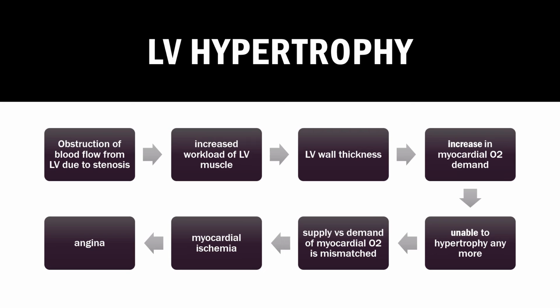This in turn increases the myocardial oxygen demand. And when that demand is unable to be met, there is more ventricular hypertrophy. Then the supply and demand of myocardial oxygen is mismatched, meaning that there is not enough oxygen for the heart. This then causes myocardial ischemia, which causes angina or chest pain.